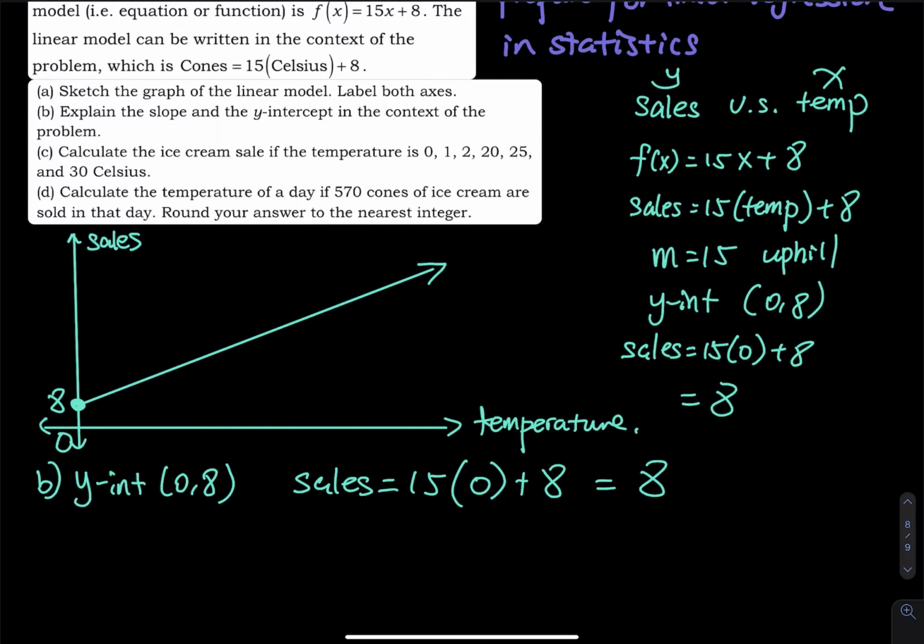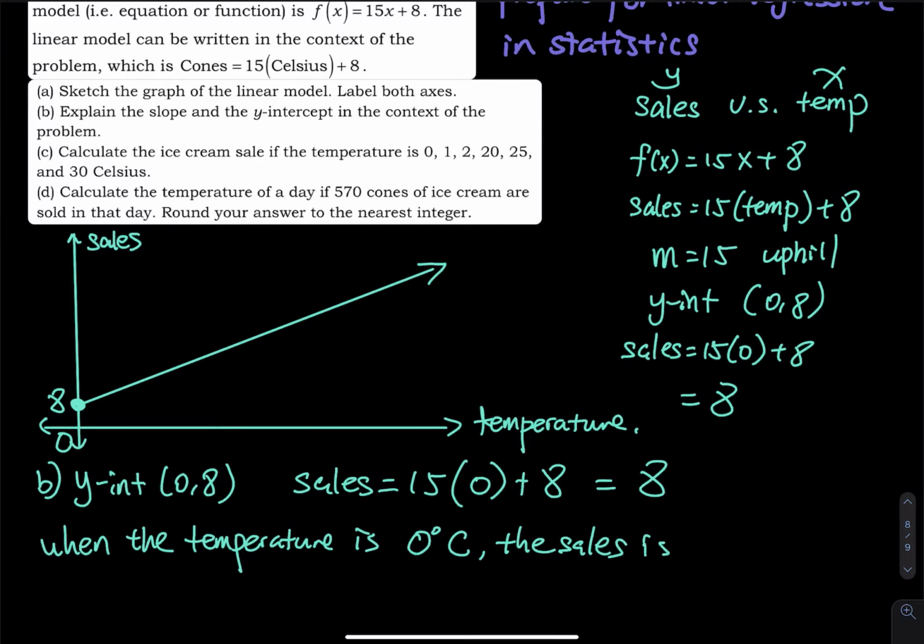So that means, when the temperature is 0 degrees Celsius, the sales is 8 cones. Because 15 times 0 is 0, the sales is 8 cones. So on a very cold day, 0 degrees Celsius, you expect to sell 8 cones.